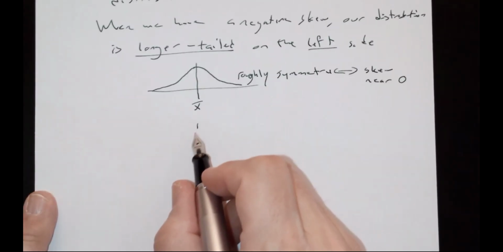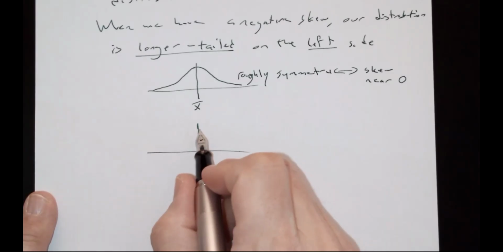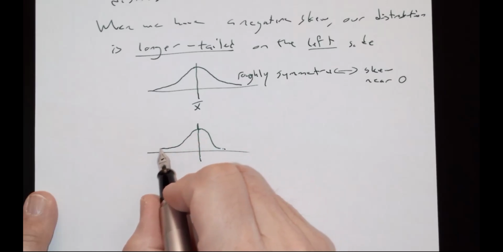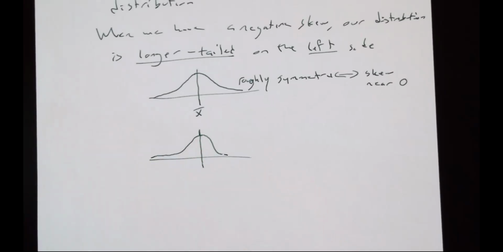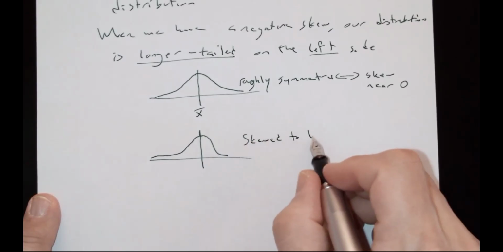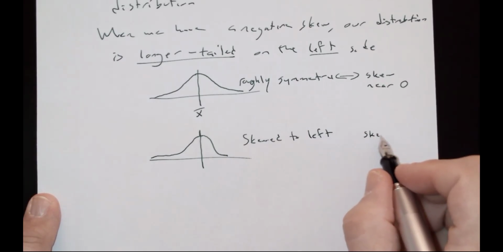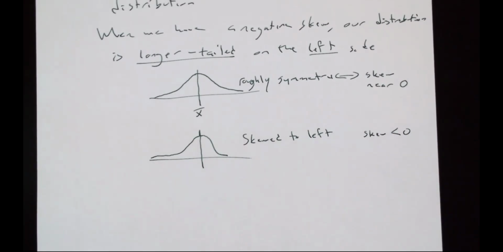On the other hand, if there's a lot more stuff down there on the left, that should be a negative skew. Flip that picture over, left to right, and you get a positive skew.